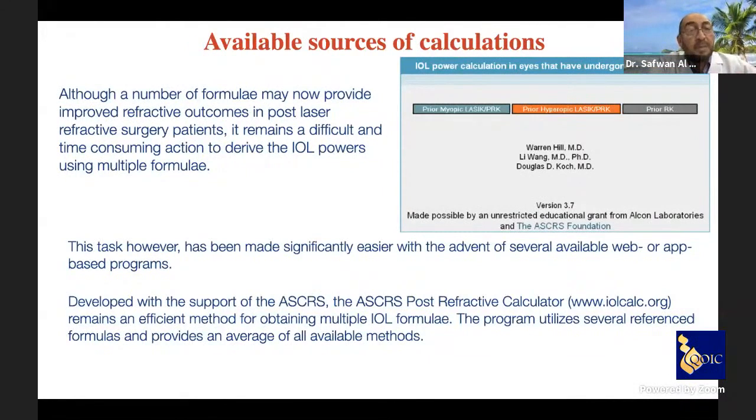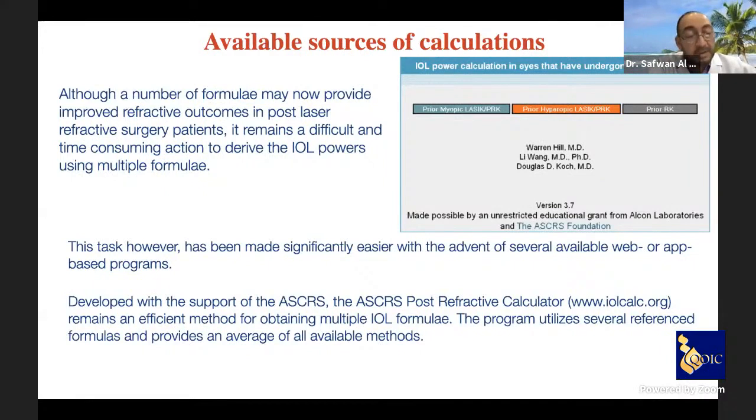Although a number of formulas may now provide an improved refractive outcome in post-laser refractive surgery patients, it remains difficult and time-consuming to derive the IOL power using multiple formulas. This task, however, has been made significantly easier with the advent of several available website or app-based programs developed with the support of ASCRS, the ASCRS post-refractive calculator.